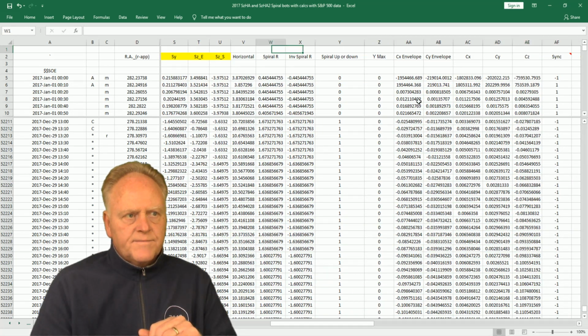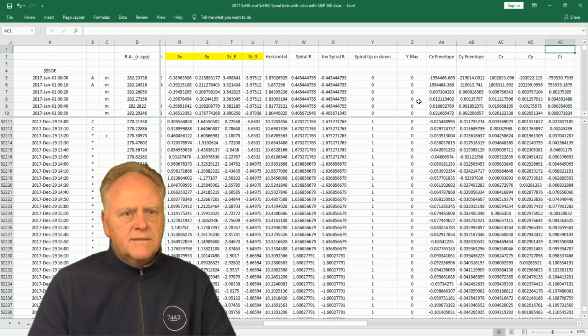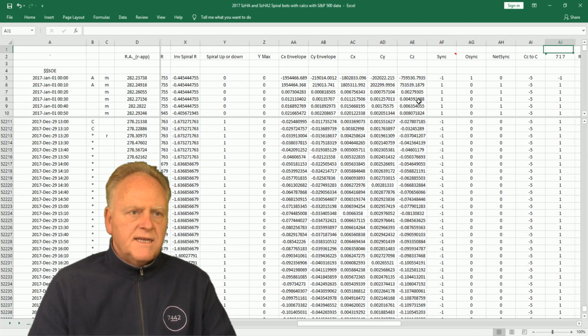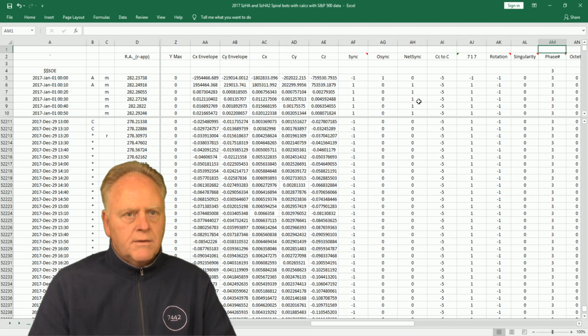There you have the spiral in 3 dimensions using 2 z-axes, SX, SY, SZE, SZS. Spiral radius, the envelope, and the SCX, that's the gravitational field pulling Earth through space, creating that spiral.